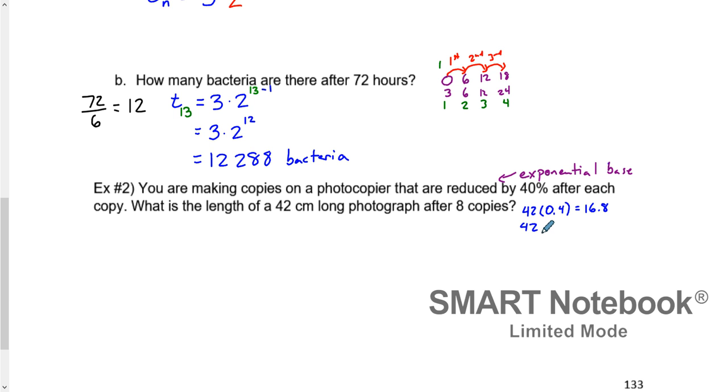So we take 42 and subtract 16.8. So it would be 42 centimeters long first, and then it'd be 25.2.